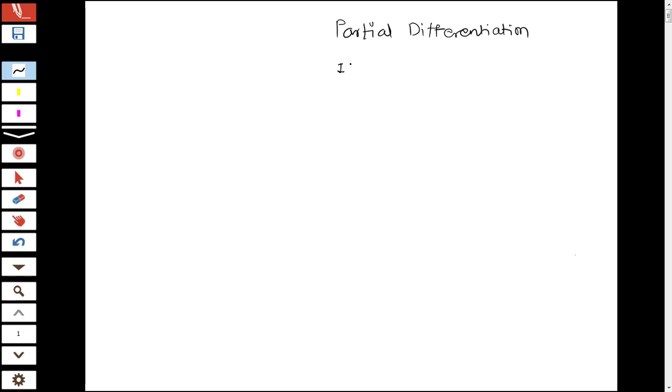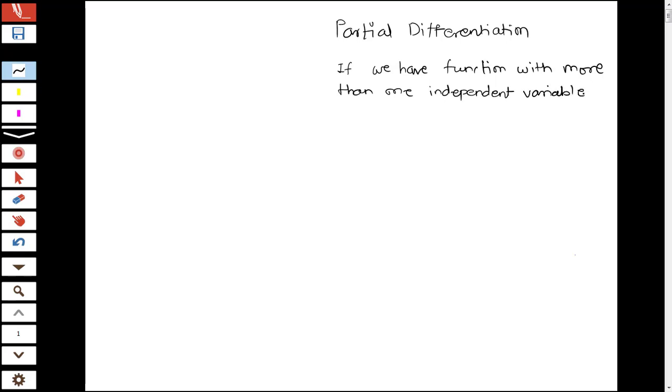Now when we come across a function with more than one independent variable, then we consider partial differentiation, partial derivative.